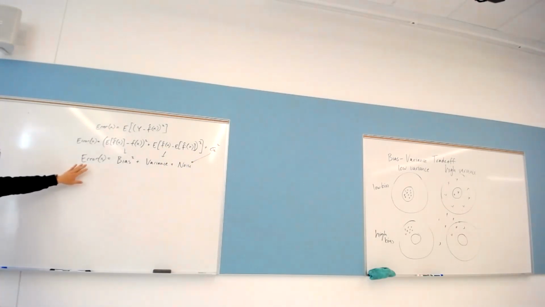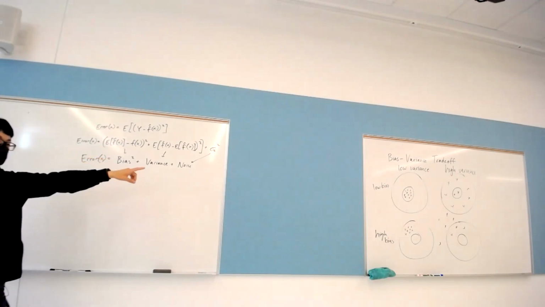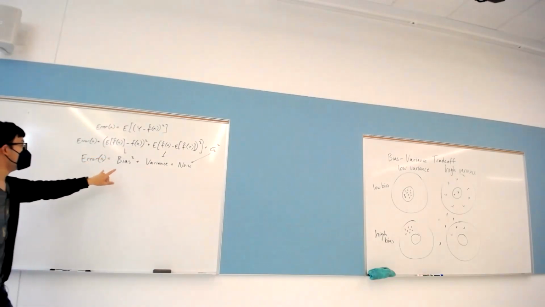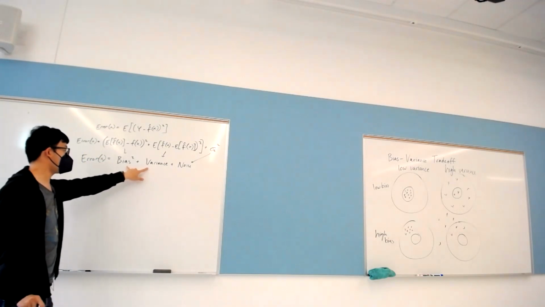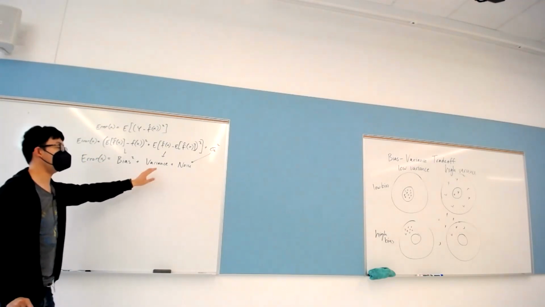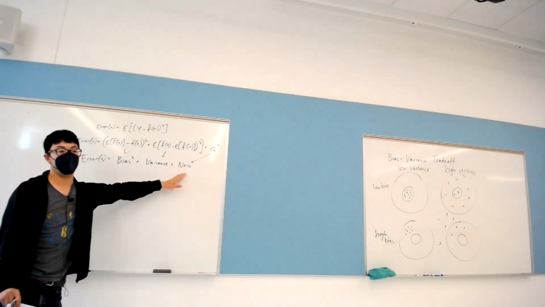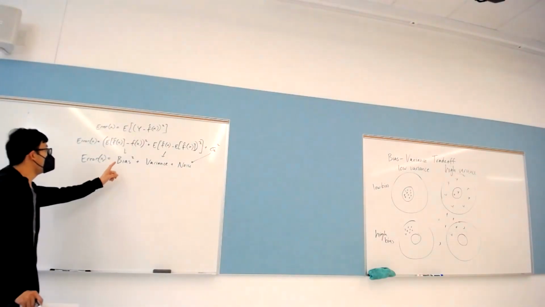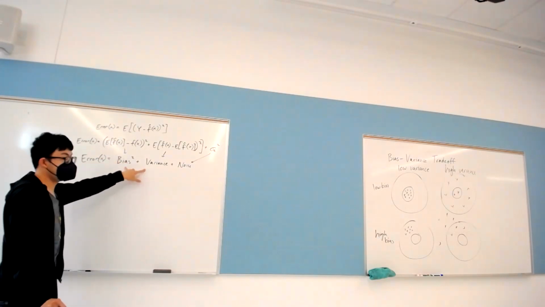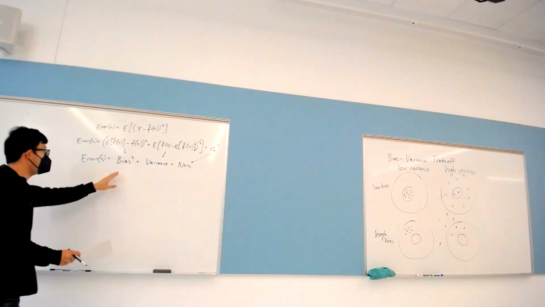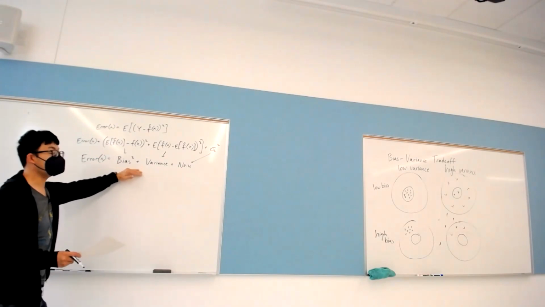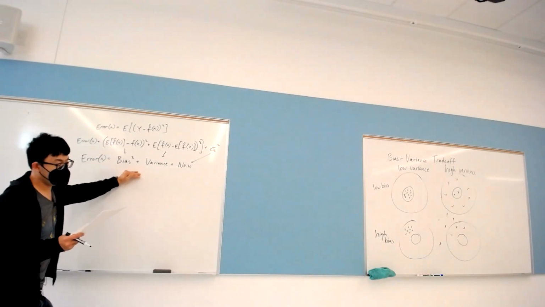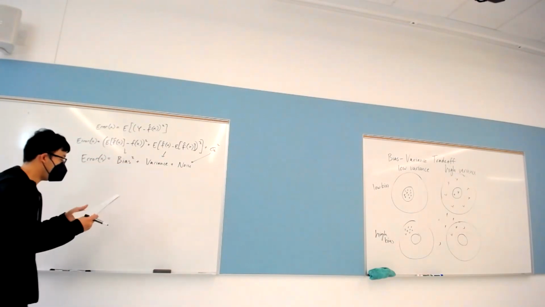So the error that you have in your model is described essentially by these two terms plus some random stuff that you can never really control, okay? And what's particularly interesting about this is that this has universally a particular type of pattern.